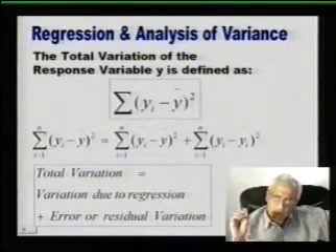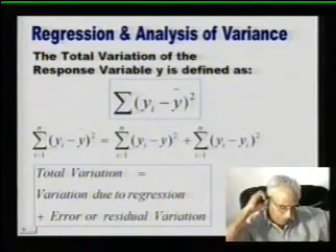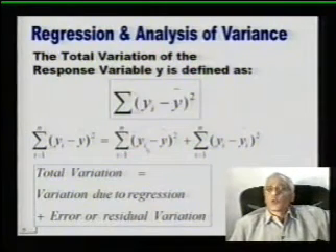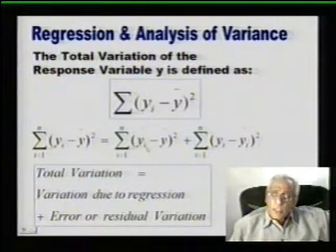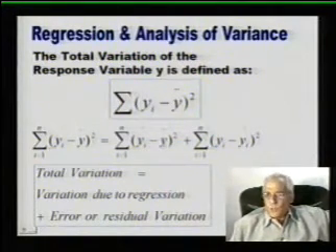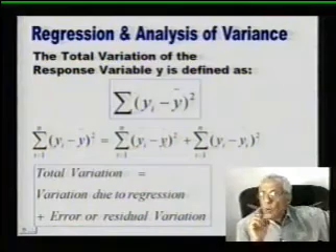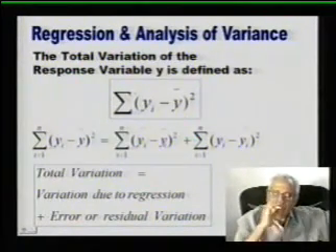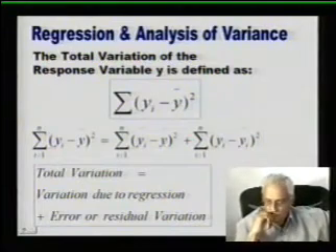Now let's examine each sum term. This sum term here is the square of the differences between the individual predicted values and the average. We will call this, in the analysis of variance associated with regression, the variation due to regression.